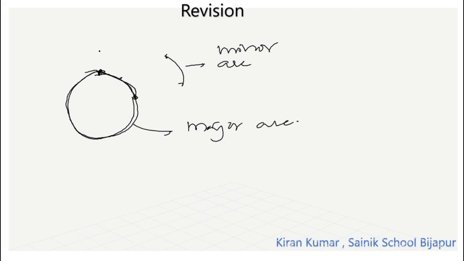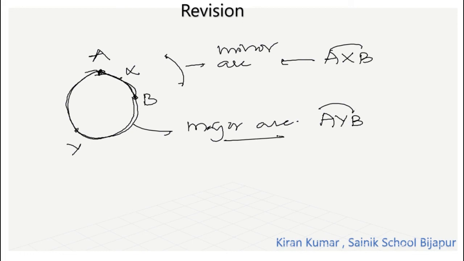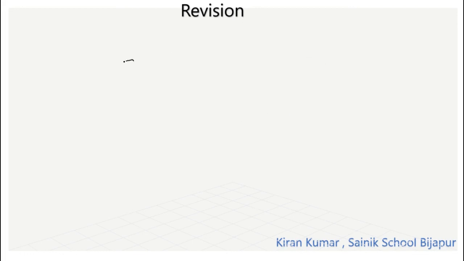Identify the major and the minor arc. We mention some letters along with the curve, and this curve AXB is a minor arc, and the curve AYB is the major arc. When we have a line segment joining this arc, we get a segment.